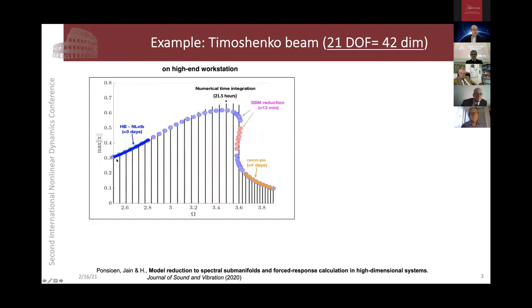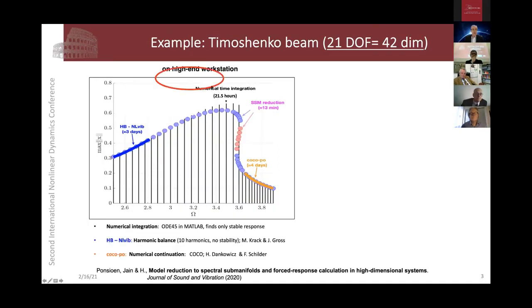And if you run a forced response calculation, you try to find just the response of the system under periodic forcing, and you just use simple direct time integration for your system, say your MATLAB code. The numerical time integration takes 21 hours. And you might ask why. Because it's a reasonably strongly nonlinear system, with a very large dimensional phase space, and the damping is small, right? So it takes quite a while for the system to find the steady state, right?